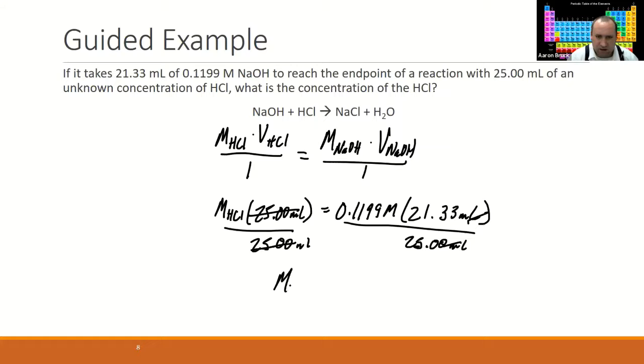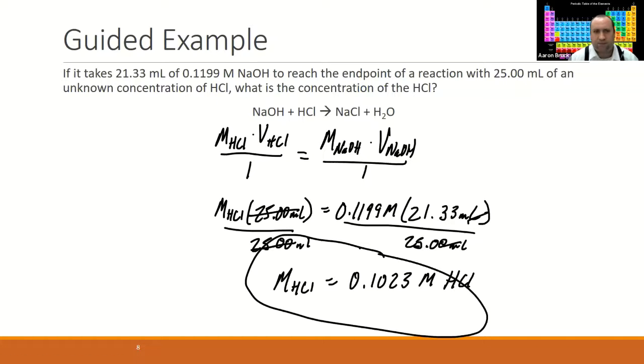So the molarity of the HCl is equal to 0.1199 times 21.33 divided by 25 to 4 significant figures, 0.1023 molar hydrochloric acid. So that's how you do titration calculations.